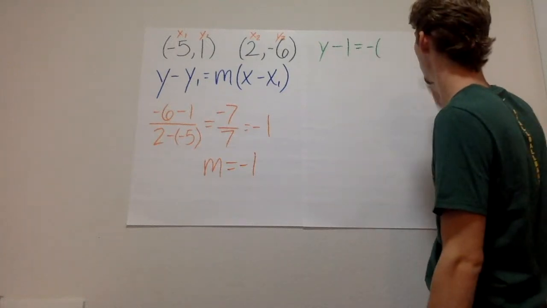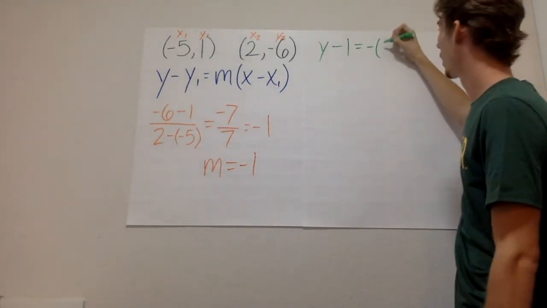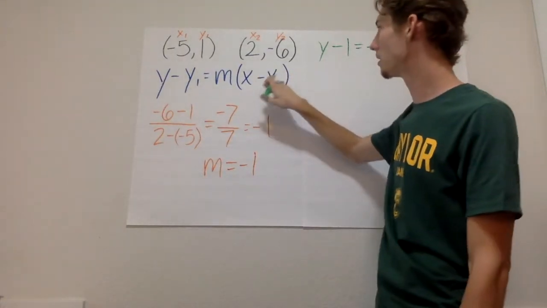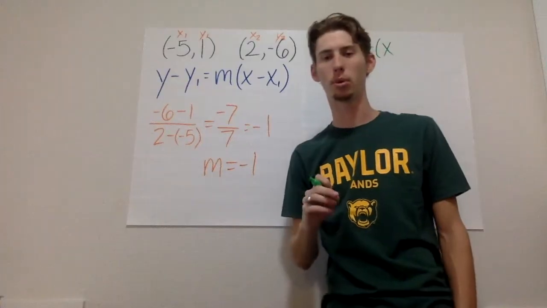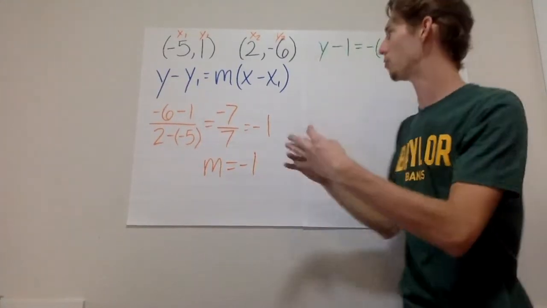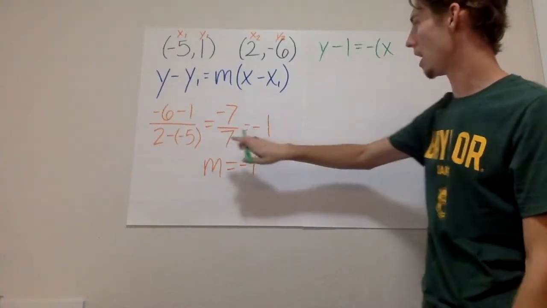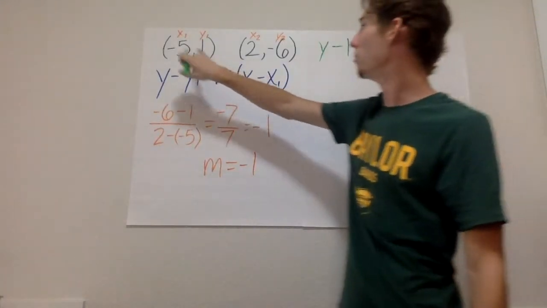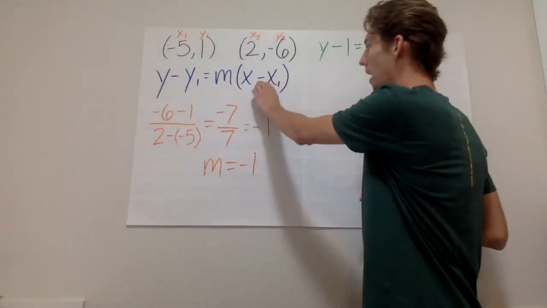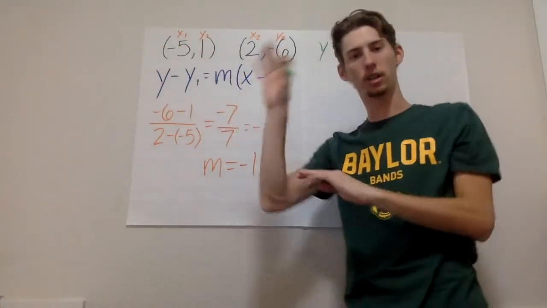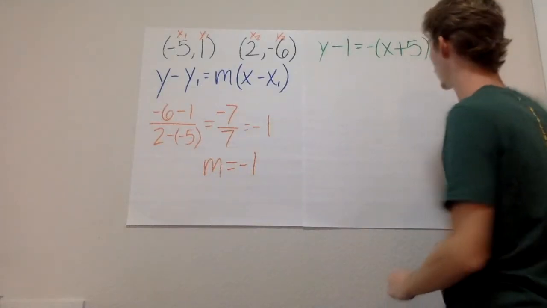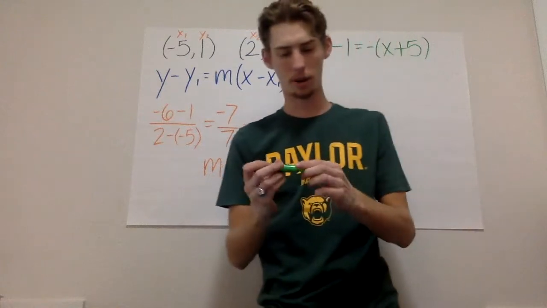Either way, it means the same thing, times the quantity of x minus x1. This is something important that you'll find in a lot of problems. It's going to be x minus x1, but x1 is a negative 5, and minusing a negative is just going to change it to a positive, so we can just write plus 5 in here. It's very important.